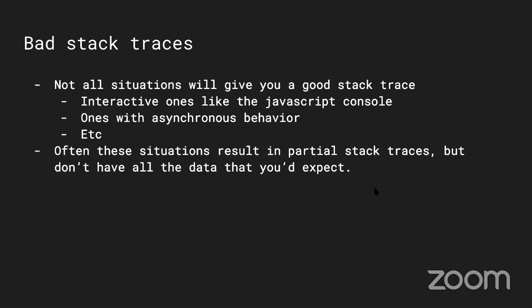But not all situations, even something like JavaScript, which is a pretty good language for stack traces, will give you good stack traces. The two that I want to touch on: in the JavaScript console, you're not going to get good stack traces. Why is that? Well, the way the JavaScript console actually works behind the scenes is, imagine Chrome, or whatever browser you're using, created a JavaScript file in the program's memory.